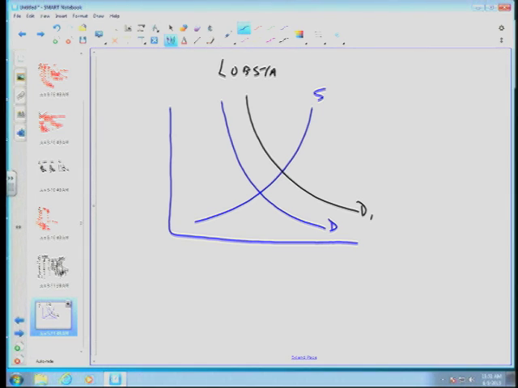Manufacturers, however, if they think the price is going to go up in the future, when do they want to supply, now or in the future? In the future. So they will cut back their supply today, so the supply curve will shift in. We started at this equilibrium price, and when both supply and demand shifted, price went up, okay? Self-fulfilling, absolutely.